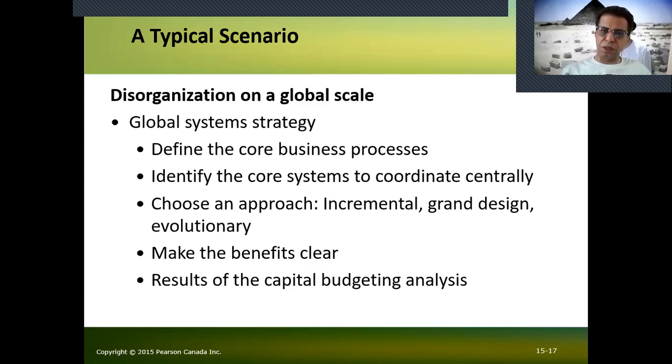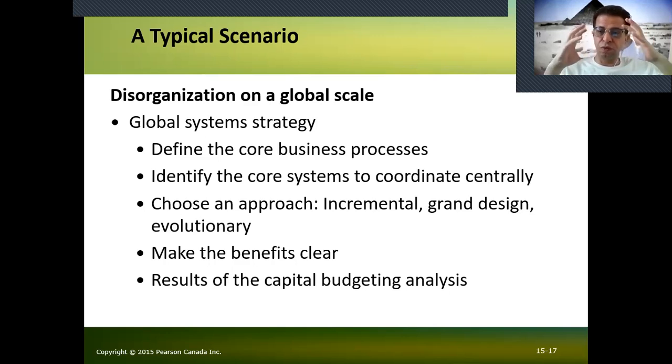So a typical scenario for organization on a global scale is a global system strategy. Define the core business process. So first we look at the core business process and ask what its core business is. Identify the core system to coordinate centrally.